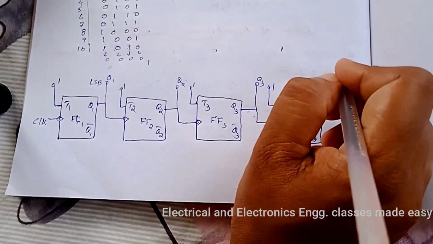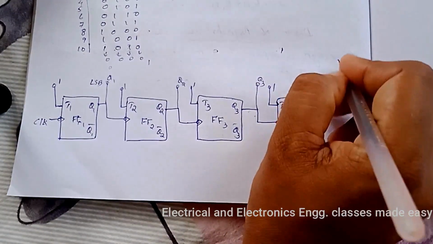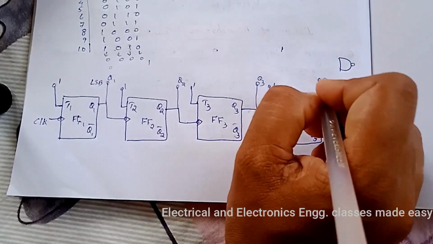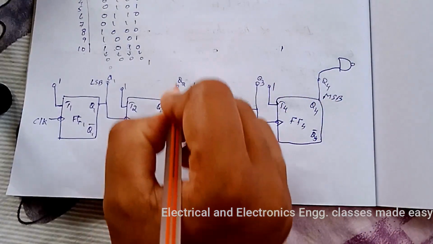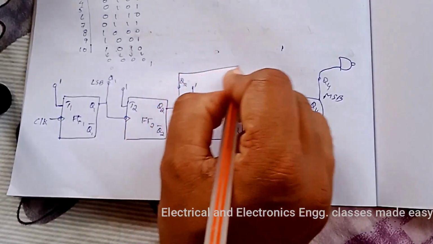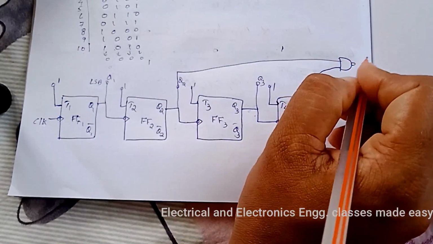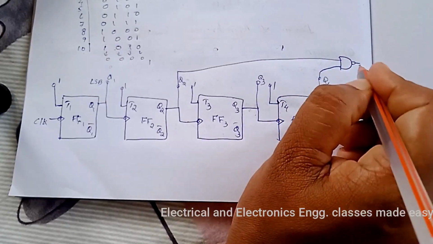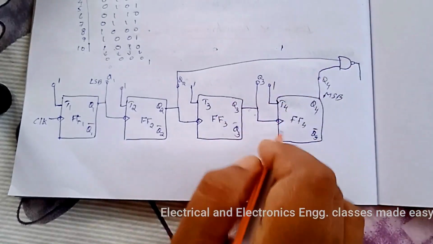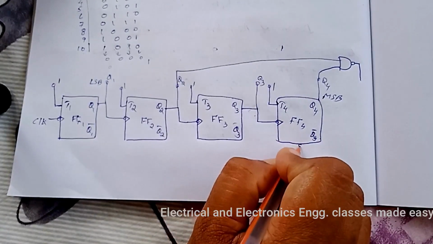For that we use a NAND gate here, with Q4 and Q2 as inputs. We have to clear it. So use a NAND gate here, and that is cleared.